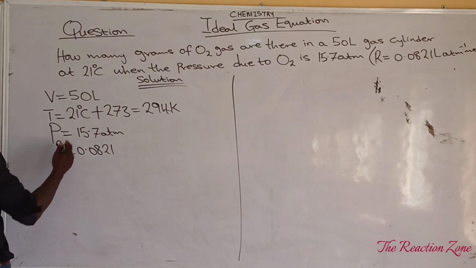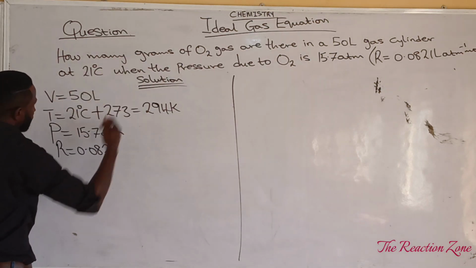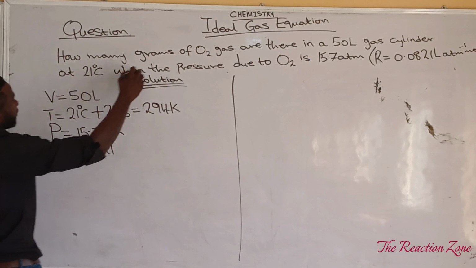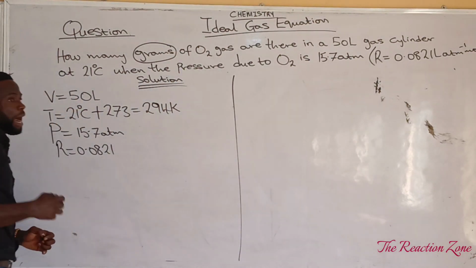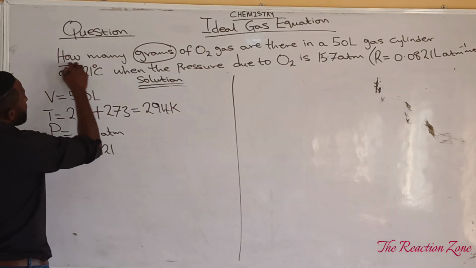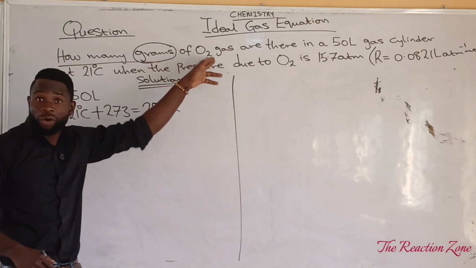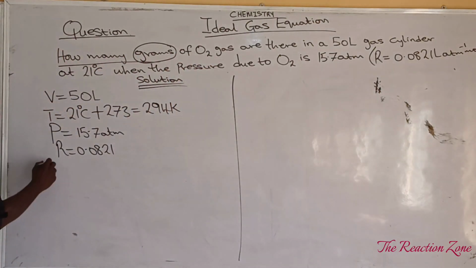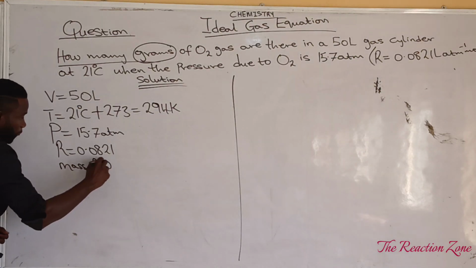Now, we are told to find the number of grams, that is, how many grams of oxygen. Grams is the unit for amount of substance when it is in mass. So, if we are told to find how many grams, it simply means we are looking for the mass of oxygen.